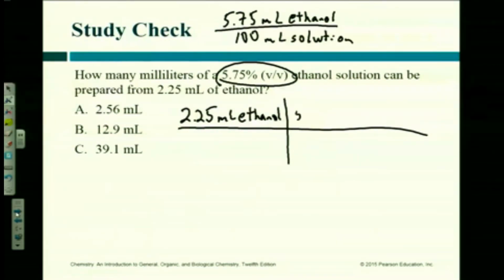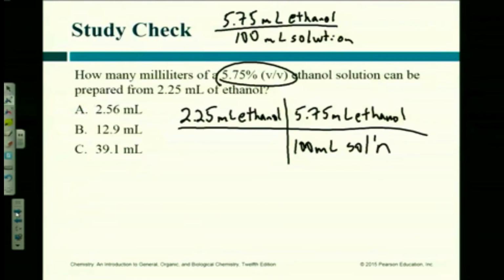Yeah, 575 on top and 100 on the bottom. Does that work? How do we know it doesn't work? Because the units don't match, right? Look, I have milliliters of ethanol, and they don't cancel, do they? I gotta flip it, don't I, Brianna? Very good.